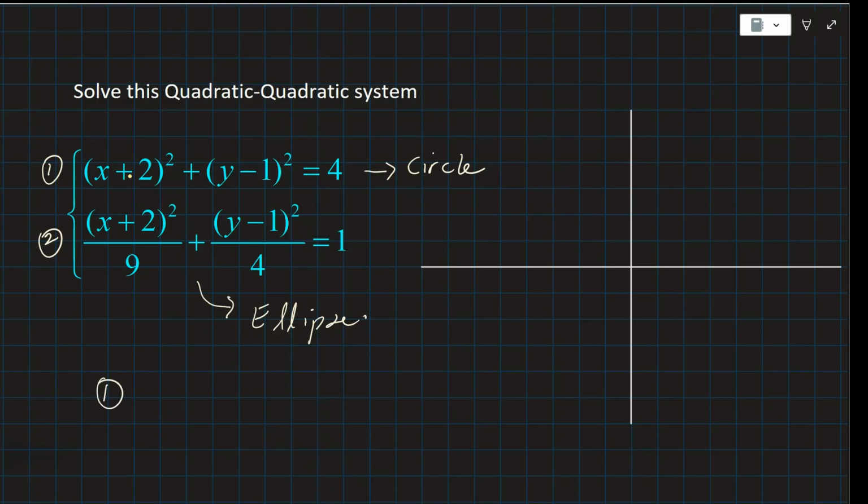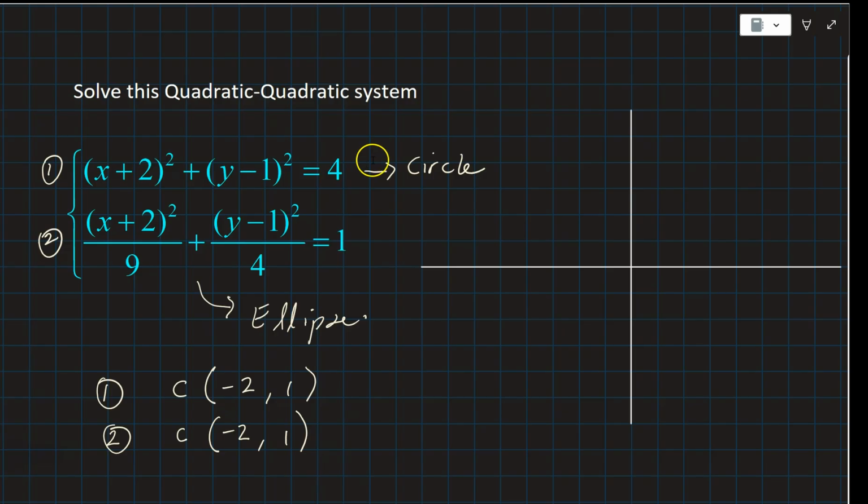Instead of rewriting the entire circle equation, we want to find the center, which is (−2, 1), and the center for the ellipse is again (−2, 1). So both of these have the same center. We're going to plot the center coordinates, −2 and +1, which is right there.